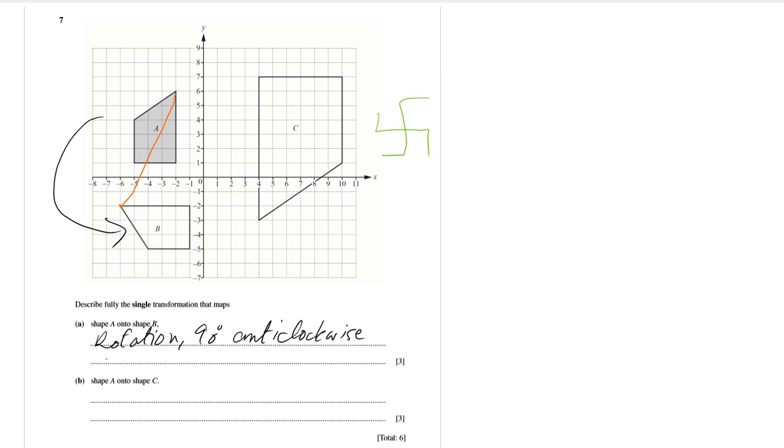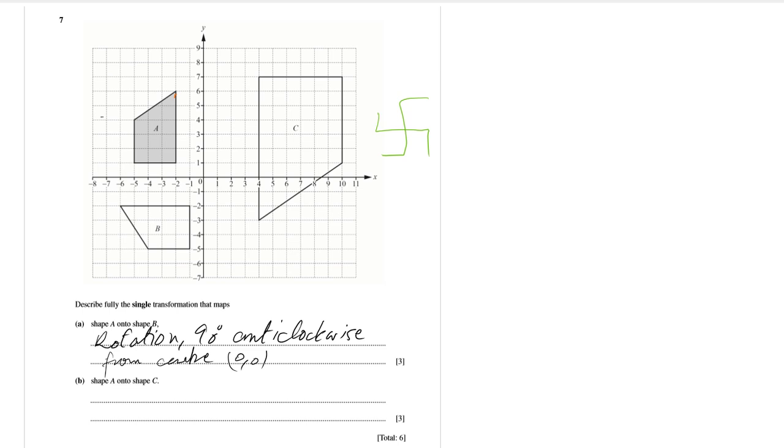Rotation, and degree anticlockwise from center 0, 0. Shape A onto shape C. So yes, this could be interesting. This is definitely an enlargement, and now it is an enlargement and it is flipping itself, going upside down.